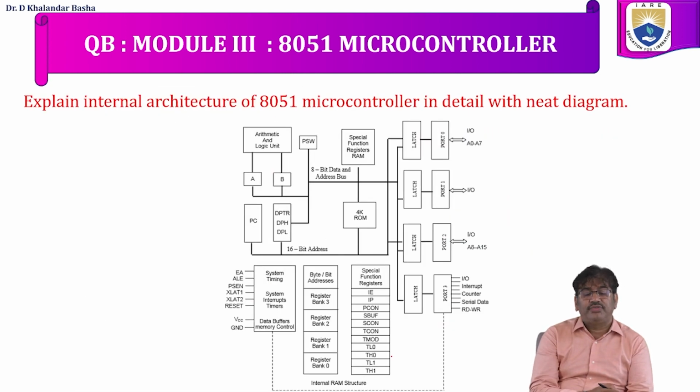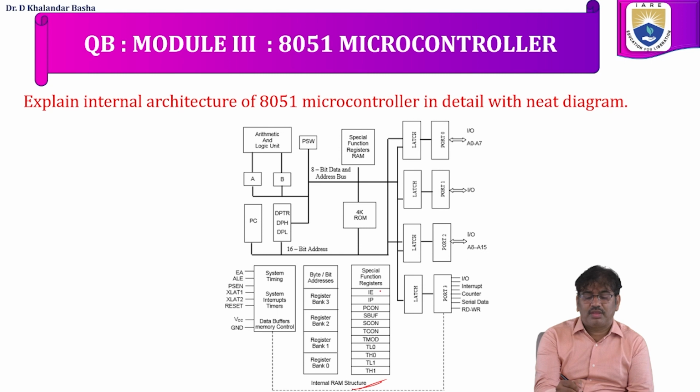Explain the internal architecture of the 8051 microcontroller with a neat diagram. Already we have discussed the registers. Left out is the internal memory. In this internal memory, 32 locations are reserved for registers. On top of that, 16 locations are the bit addressable area.